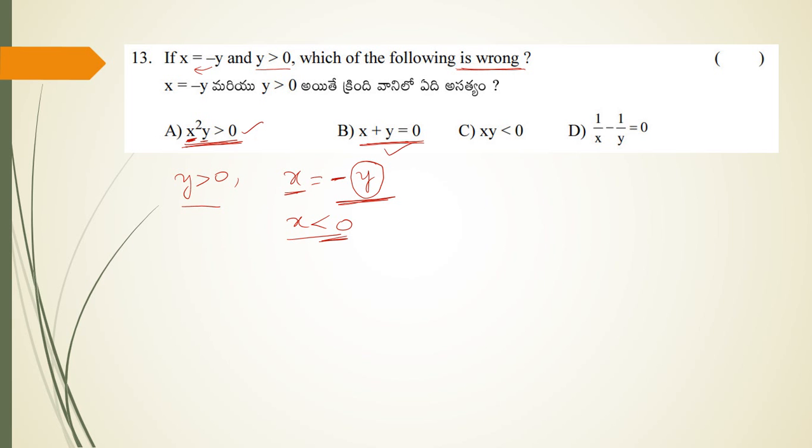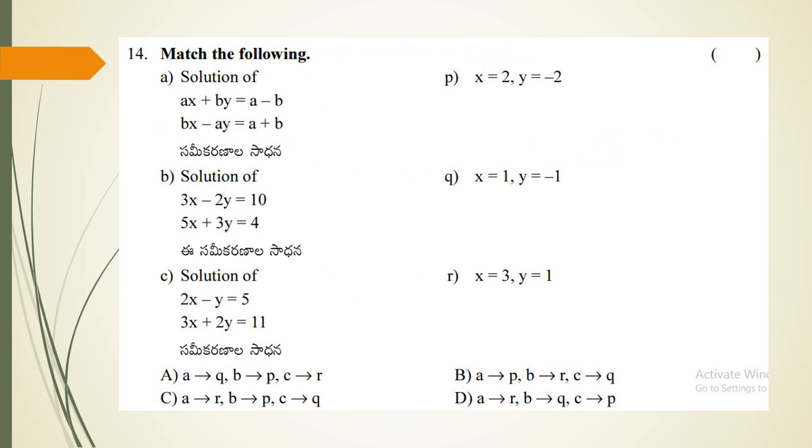So this is also true. Next, x is negative, y is positive. So when you multiply negative into positive, you will get negative only. So this is also correct. Then obviously finally option D will be wrong, because 1 by x minus 1 by y will not be equal to 0, right?